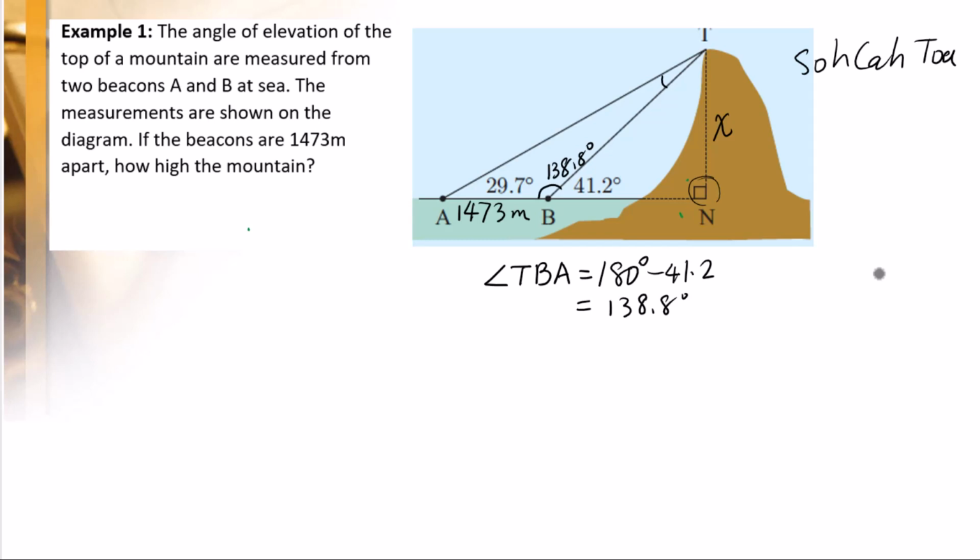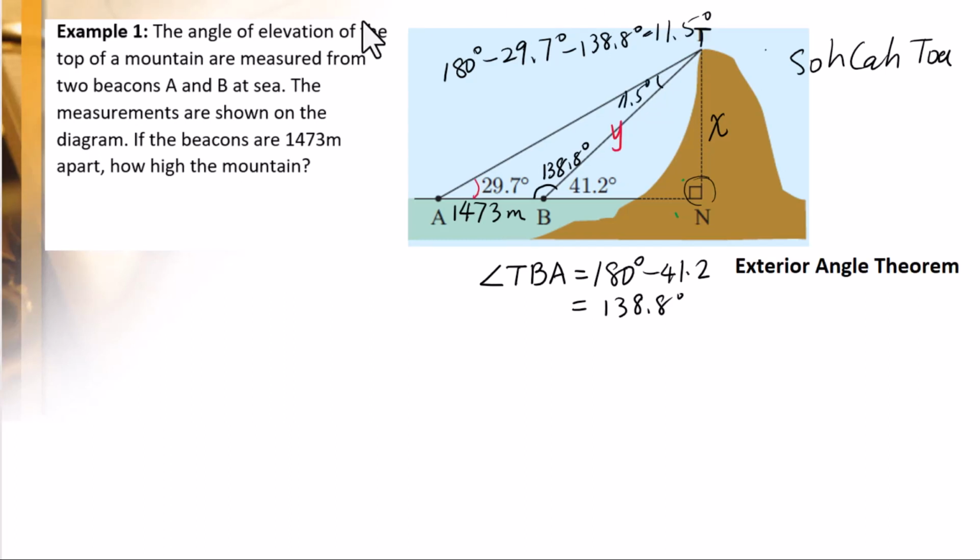Since the sum of all interior angles of a triangle is 180, we can use 180 degrees minus 29.7 degrees minus 138.8 degrees equals 11.5 degrees. We can also use the exterior angle theorem to work out angle ATB.